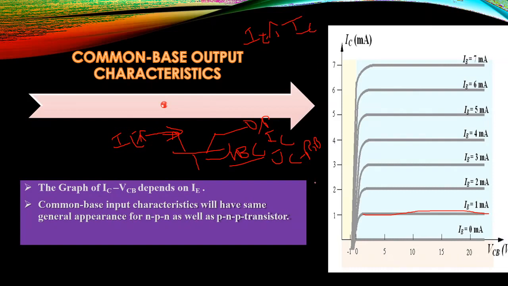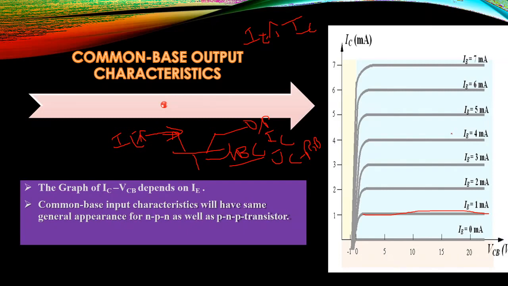If you sketch the graph, whenever the IE current is increasing, the IC current is also increasing. This type of curves we are going to call output characteristics.